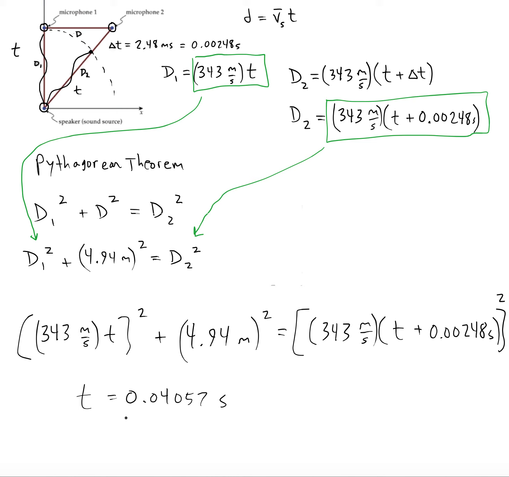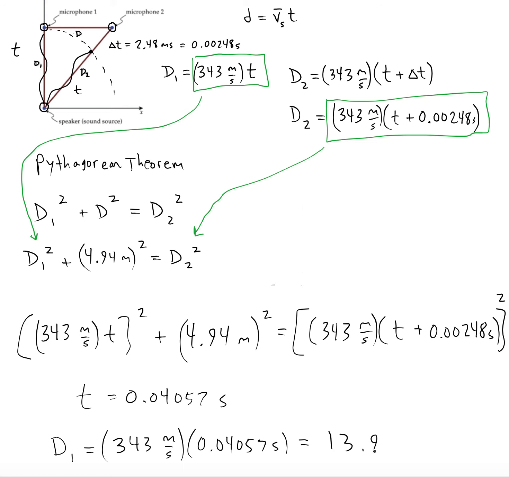From there, we could go on to find the distances d1 and d2. So d1 will be 343 times t, which is about 13.9 meters.